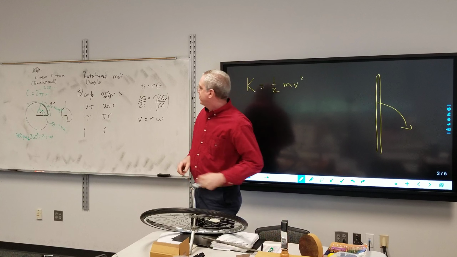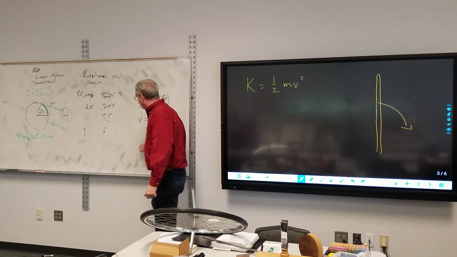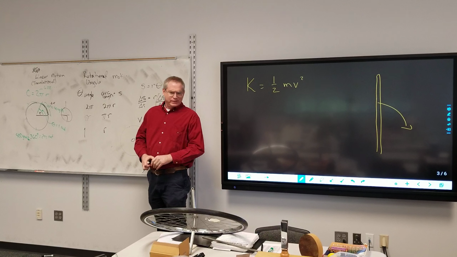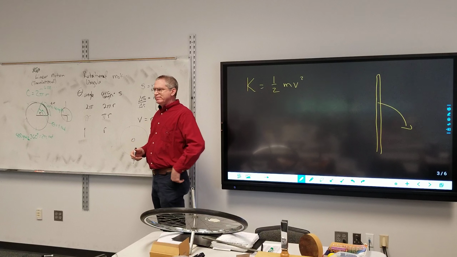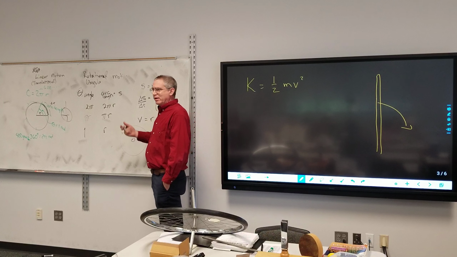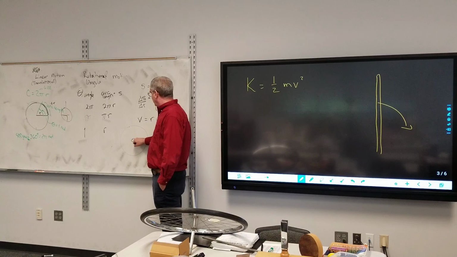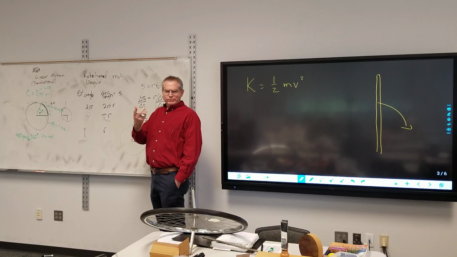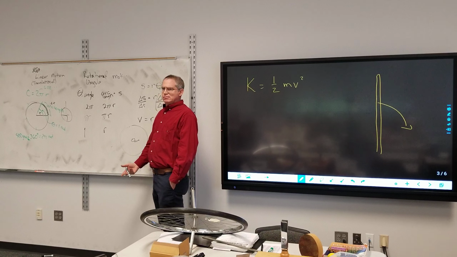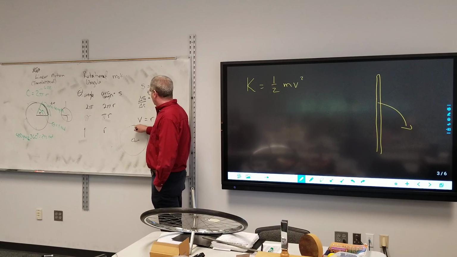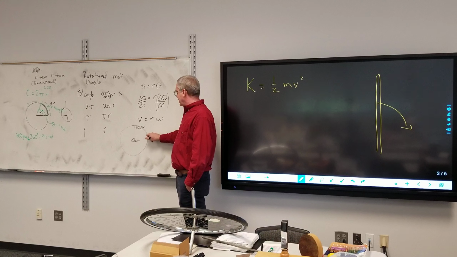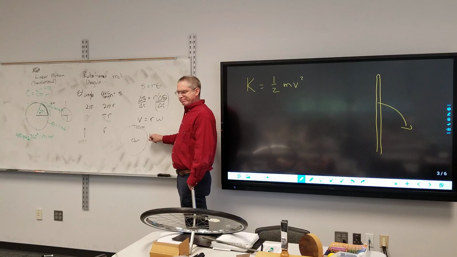I'll just make up numbers here. So I got my big wheel, and I got the point here. Let's say that traveled 4 centimeters. Does that seem like good enough? Yeah. And this one right here traveled 100 centimeters. And you said they traveled the same amount of time, so we'll just go with 4 seconds.